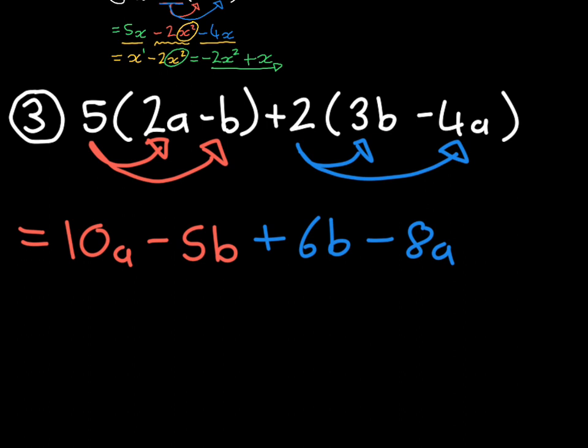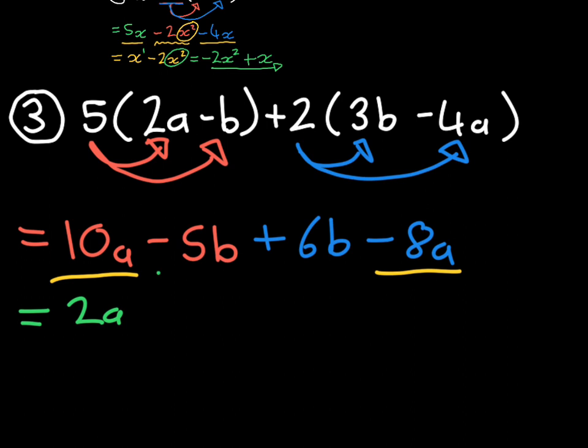Lastly, we now need to have a look at our like terms. So here we've got 10a, and we see that this term also has an a. So we can let these two terms interact. And 10 minus 8 is 2. So 10a minus 8a will be 2a.